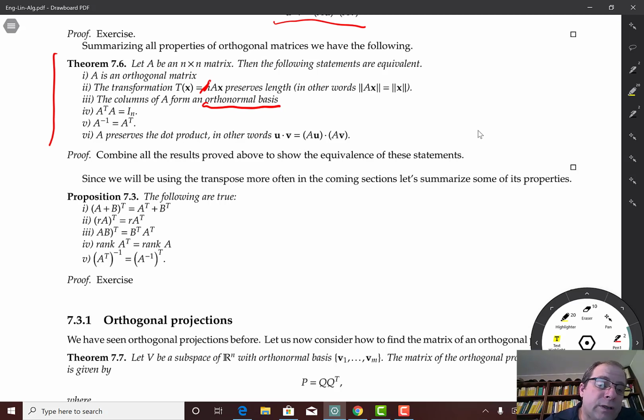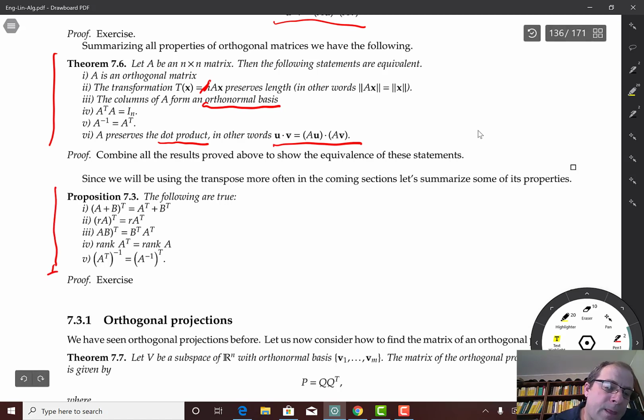In other words, the inverse of A is A transpose, and A preserves the inner product. In other words, u·v is equal to Au·Av. Yes? Anyway, this proposition 7.3 is really what was a nice lemma with properties of the transposes in chapter 2. So basically just to review some of the basic properties of the transpose.